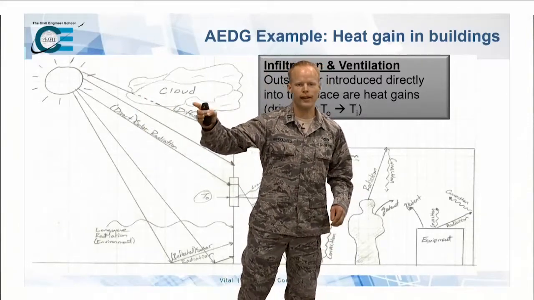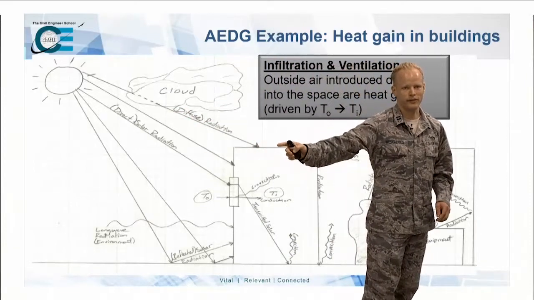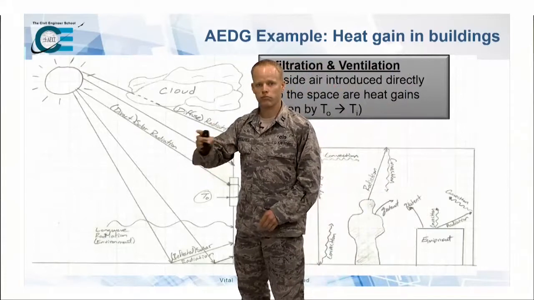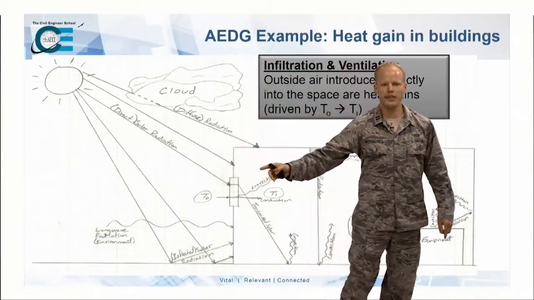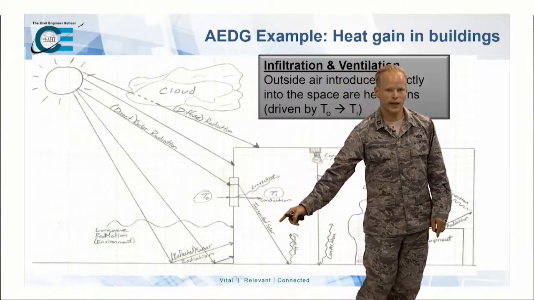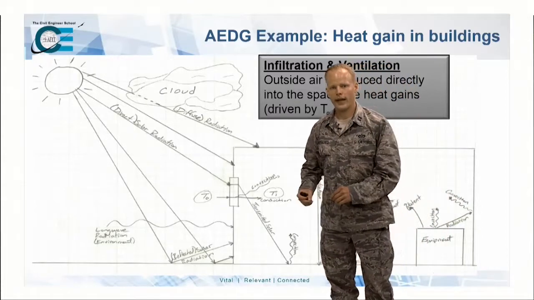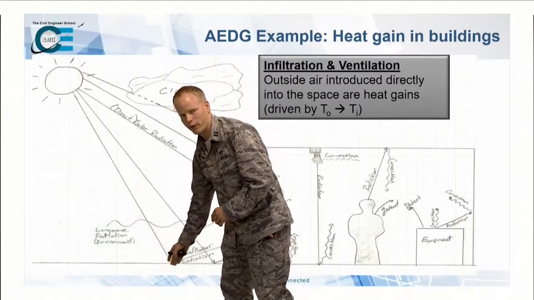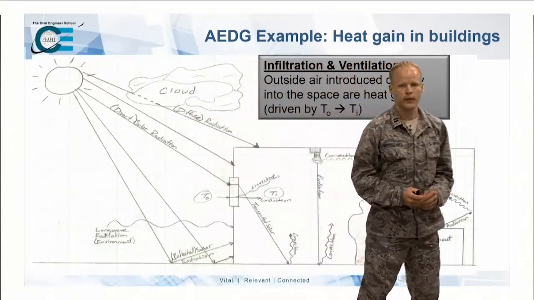We now call this diffuse radiation, and then it hits your building. We also have direct radiation, which comes right over and hits your building, and then it may hit your window. When it hits your window, it goes into your building, hits your floor, and enters as a heat gain. We then have light that reflects off the rest of the world around you, and that's reflected radiation.